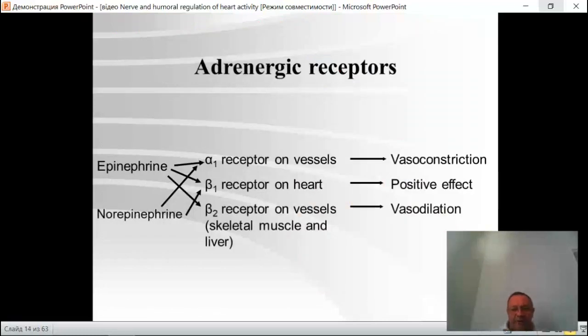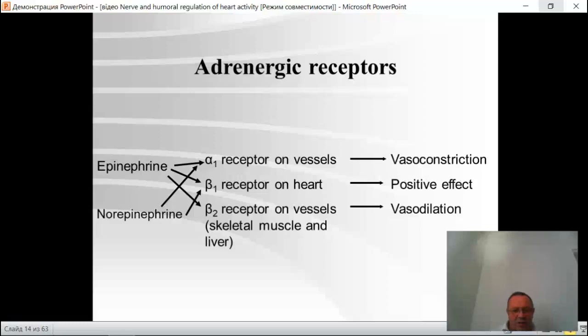Catecholamines connect only with adrenergic receptors. And on the scheme you can see the reaction of epinephrine and norepinephrine for connection with different types of receptors.